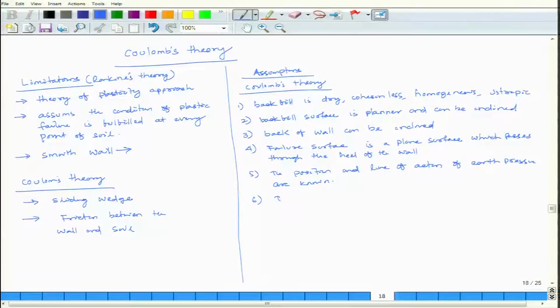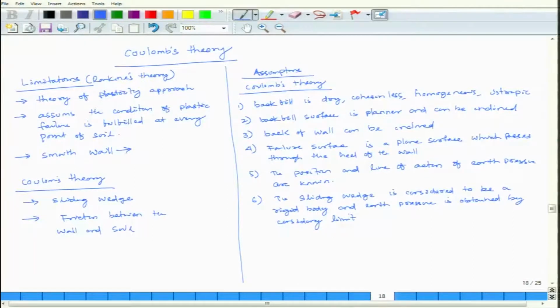The sliding wedge is considered to be a rigid body, and earth pressure is obtained by considering limit equilibrium of the sliding wedge as a whole.